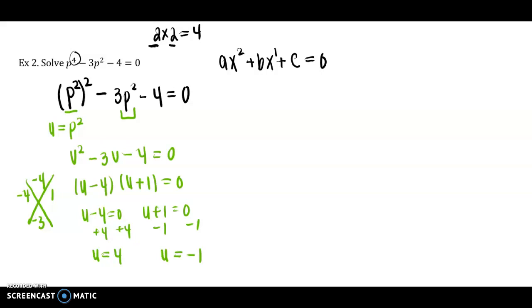Remember, u is equal to p squared, so you're going to have to replace it. Some kids think that this is where you end, but remember, what variable did we start off with? p, so you have to end up with p equals. Alright, so then p squared is equal to 4, and p squared is equal to negative 1.